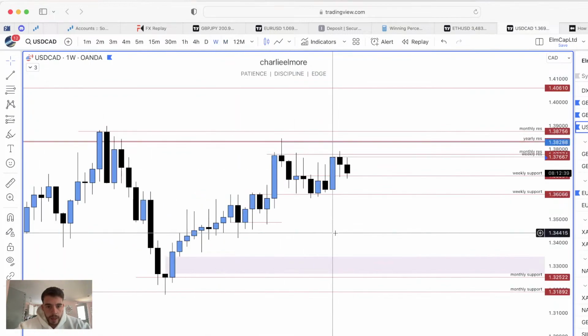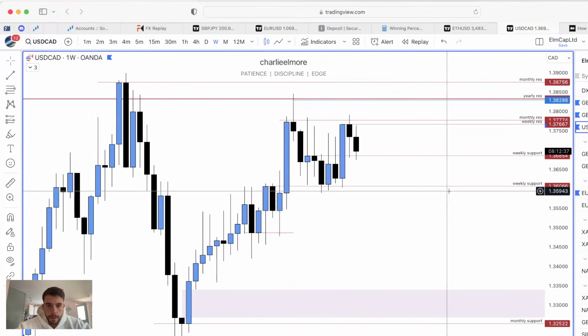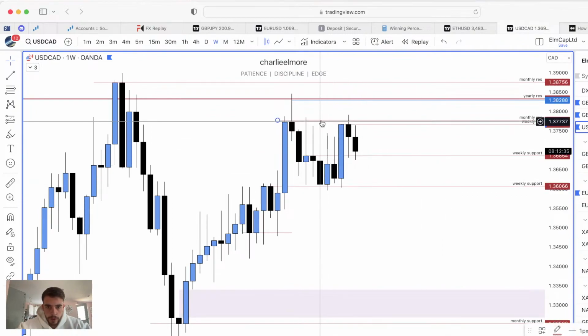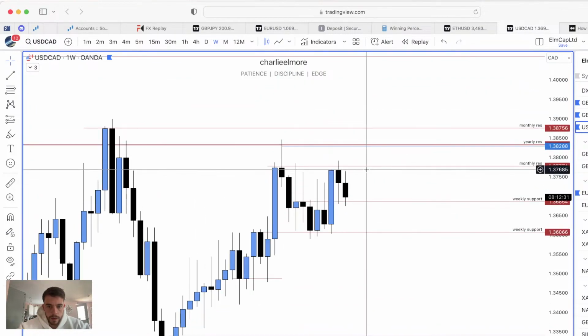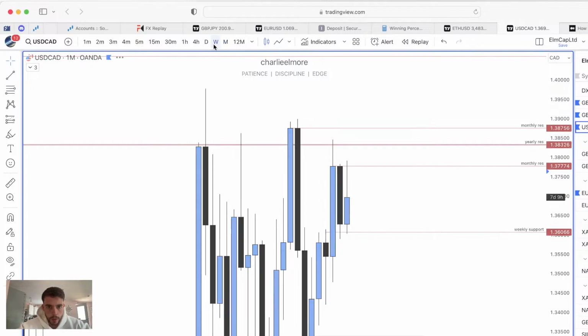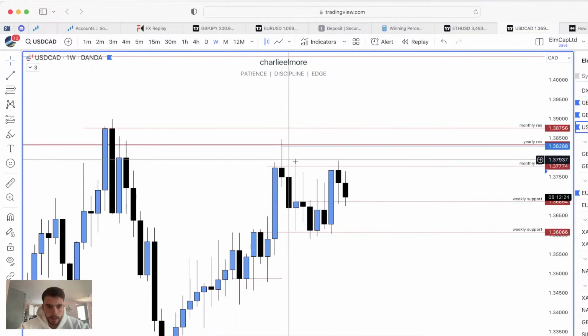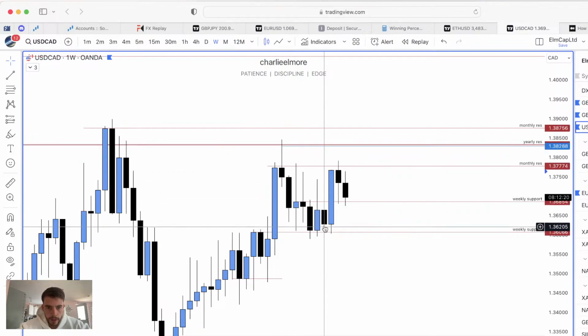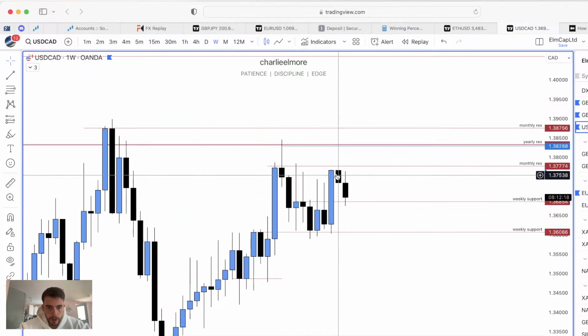Coupling that with the weekly, this is the monthly resistance right there. I'm actually going to take that off. Monthly resistance, what we've just seen right there. Obviously we're zooming in one more time frame so it looks a bit different. That's the monthly resistance on a weekly perspective. Price has come, reacted from it.